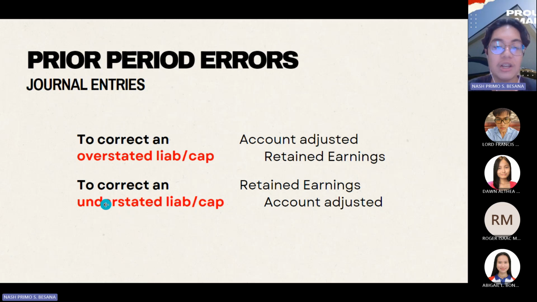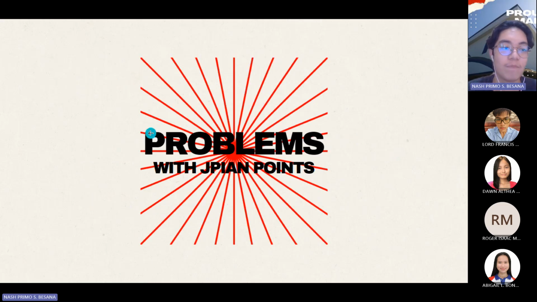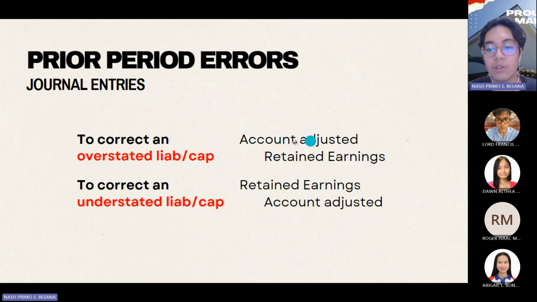Kapag naman understated siya, kailangan natin siyang dagdagan and credit balance siya, we would credit the account adjusted and debit retained earnings. So yan. Medyo kaya naman talaga yung prior period errors since correcting entries lang yung need, but ang kaibahan lang from the usual basic correcting entries, retained earnings yung gagamitin.